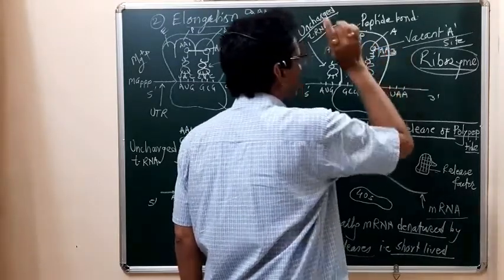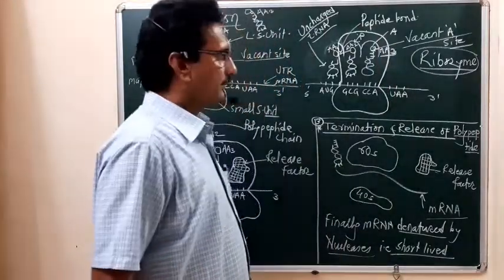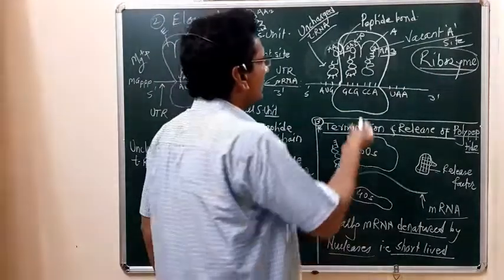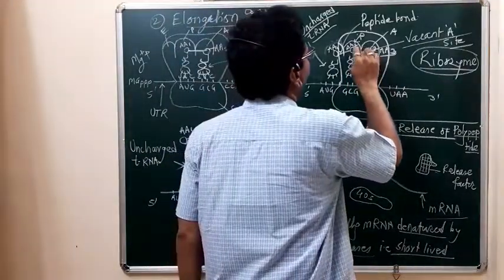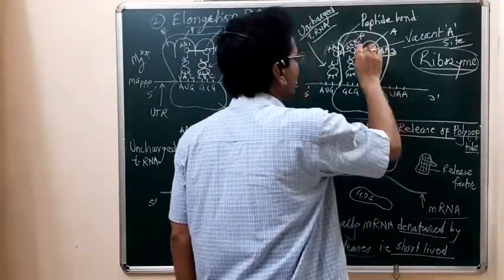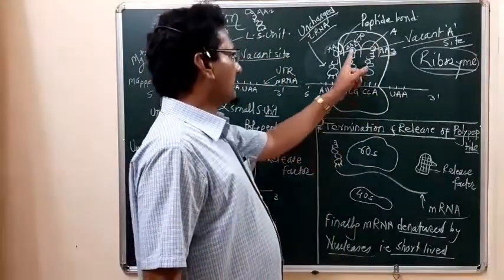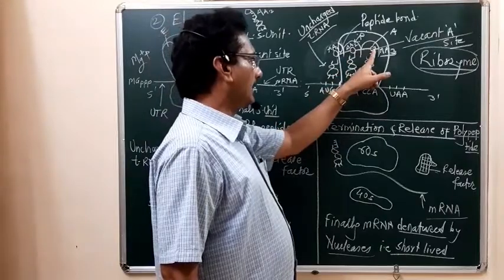Okay, AA3. And then after that in the presence of ribozyme enzyme, okay, ribozyme enzyme again the peptide bond is developed. Okay, peptide bond is developed in between the amino acid A2 and A3.